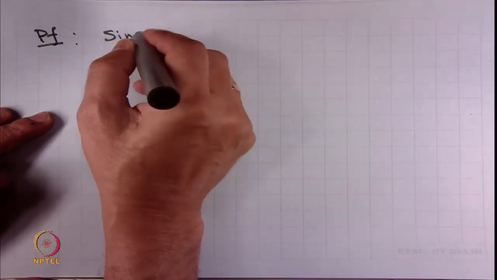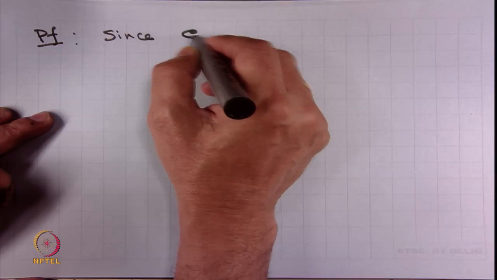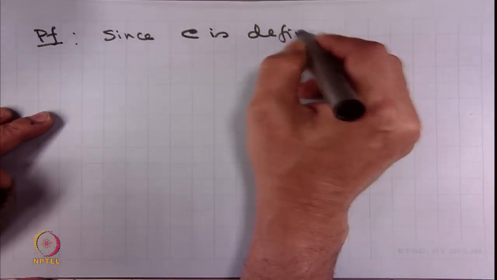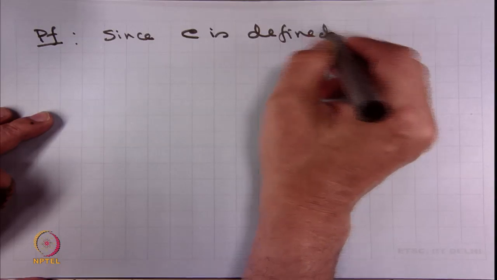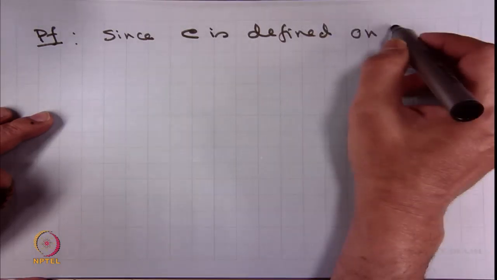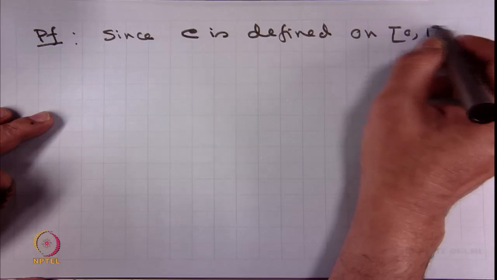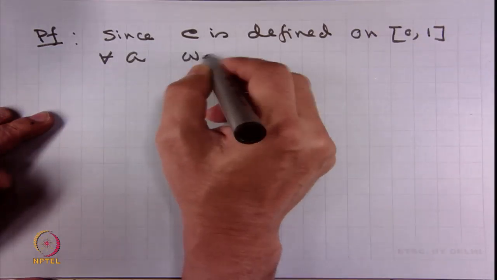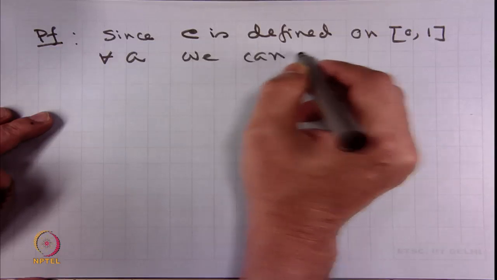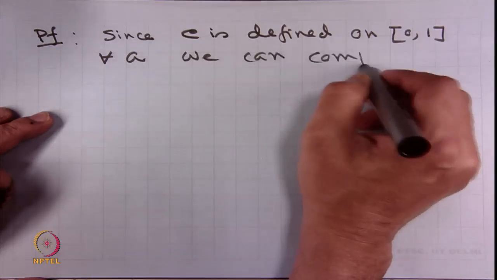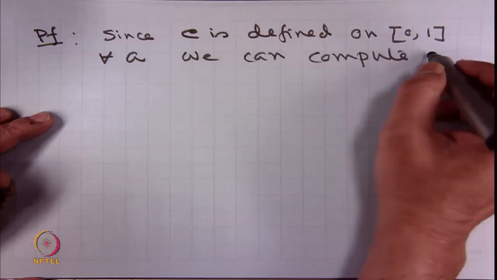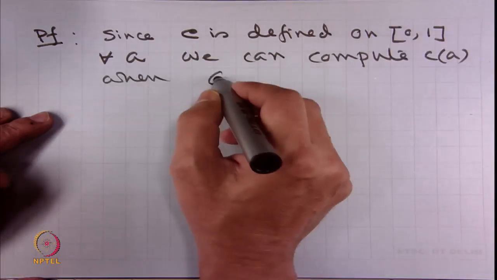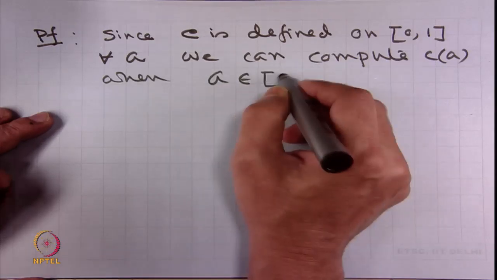Since C is defined on 0 1, for all A we can compute C of A when A belongs to 0 1.